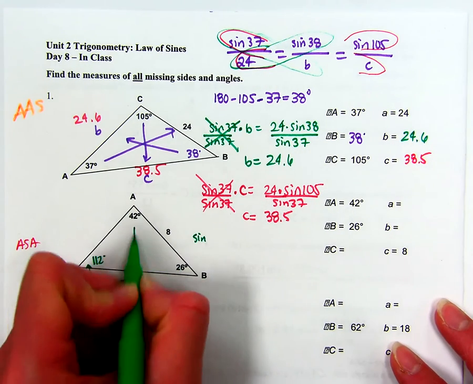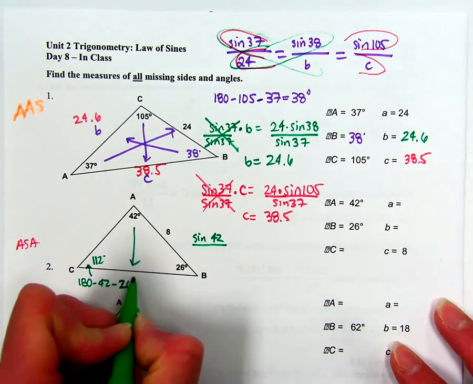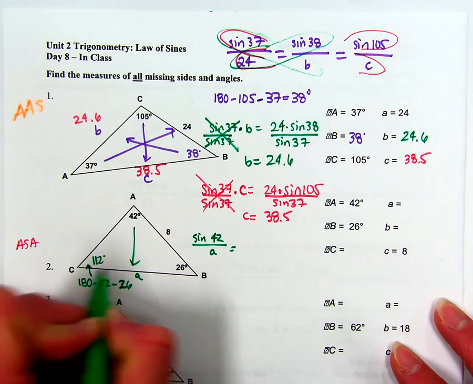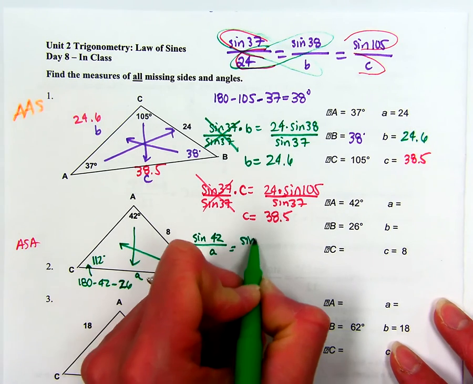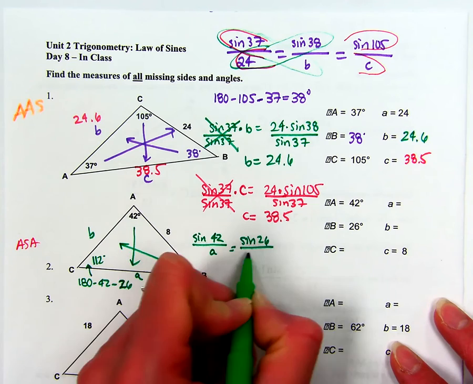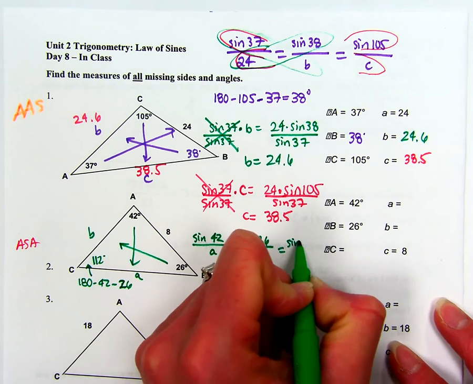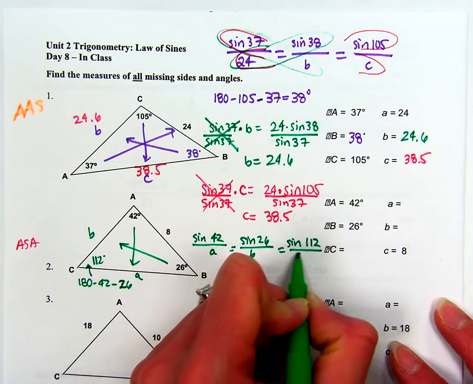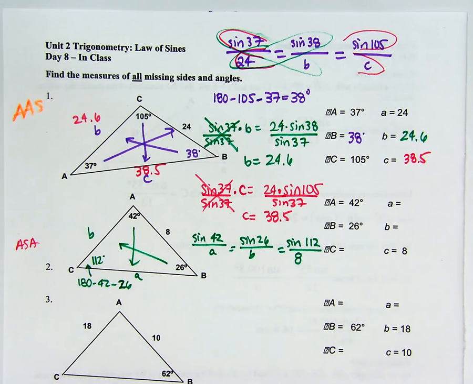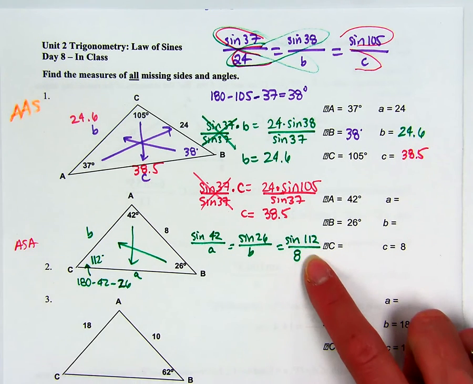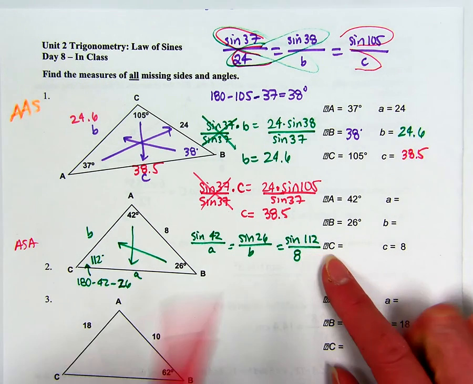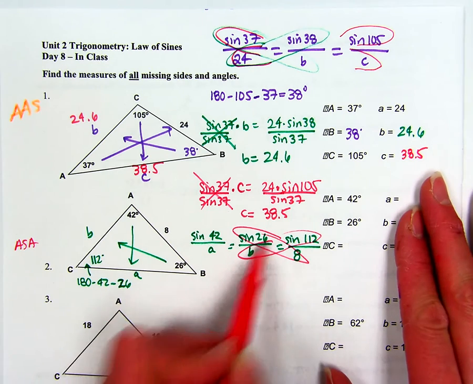Sine of 42 over, I don't know, side A. Sine of 26 over B, I don't know, side B. Sine of 112 over 8. All right, so when I cross multiply, I have to use the fraction that has the 2 numbers filled in, and then I'm just going to cross multiply. I'll just do B first.